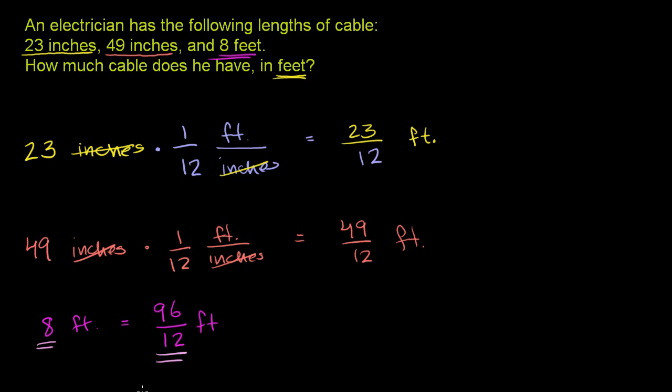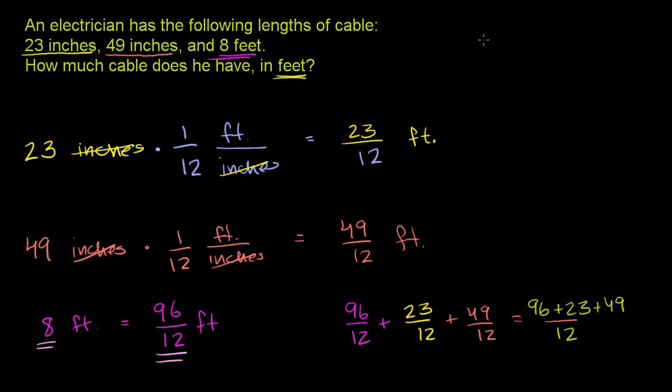And now I can add everything up. The total length of cable he has is 96 over 12 plus 23 over 12 plus 49 over 12. Everything is in feet, so this answer will be in feet. We have all the same denominators. Our denominator is 12. So our numerator is going to be 96 plus 23 plus 49.